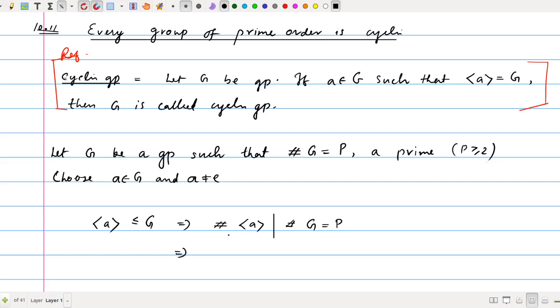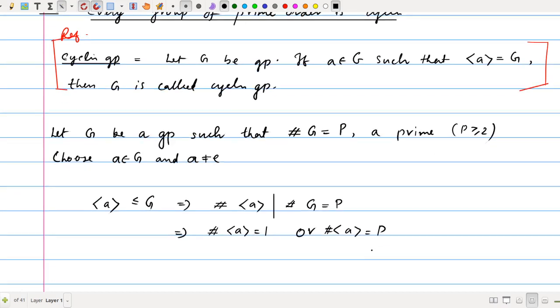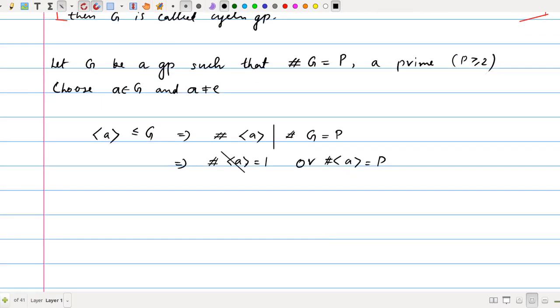Then what are the possibilities? This cardinality will be either 1 or P itself.